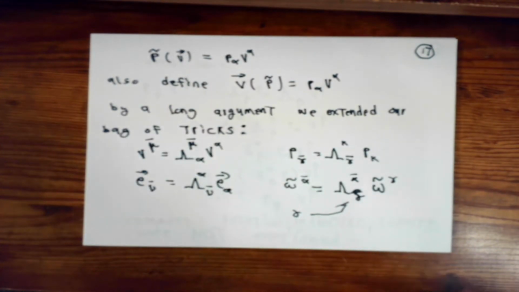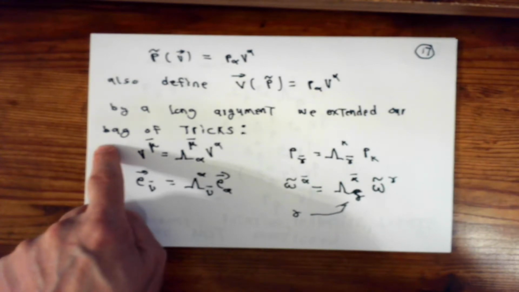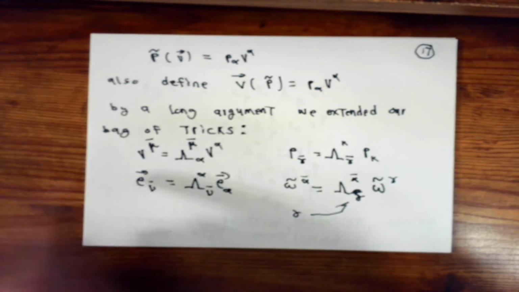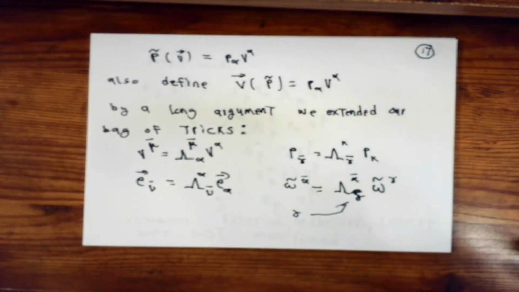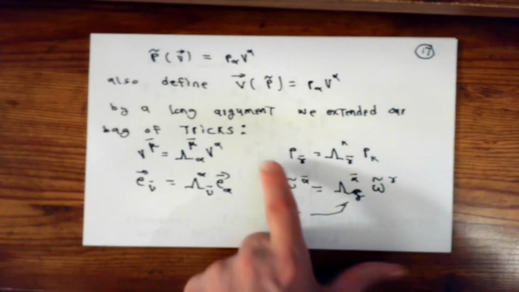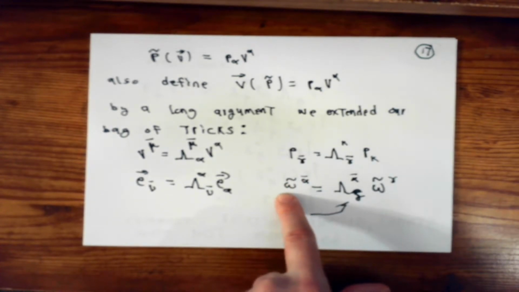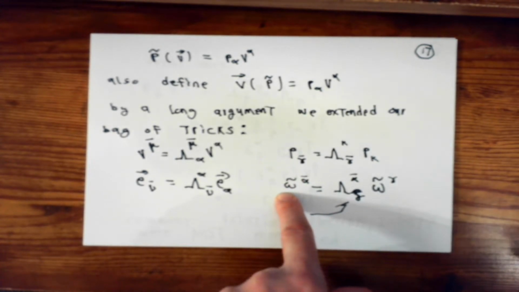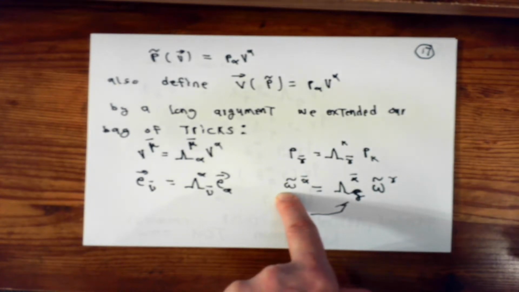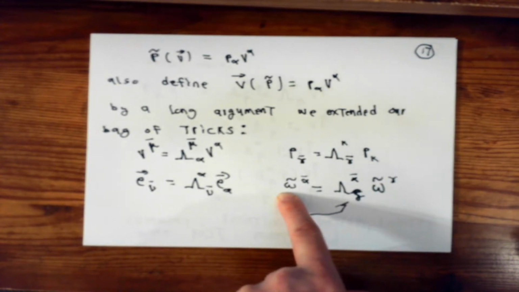By a long argument, we figured out a wide variety of things. We already knew how components of vectors and basis vectors transform. By doing similar logical arguments, we were able to figure out how the components of a one form change and how the basis one forms that go with the given coordinate system transform as well.